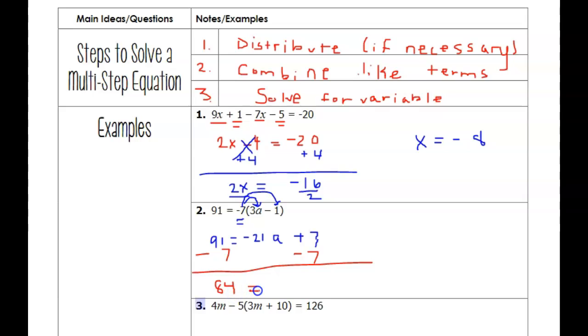That's equal to negative 21a. I am going to get rid of that negative 21 by dividing by negative 21 on both sides.